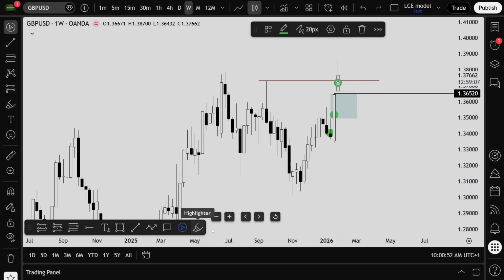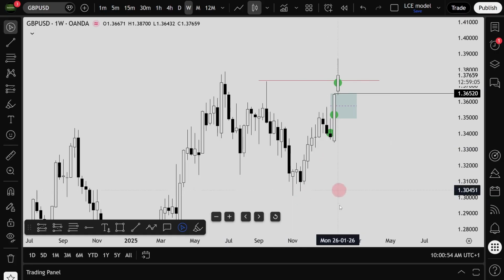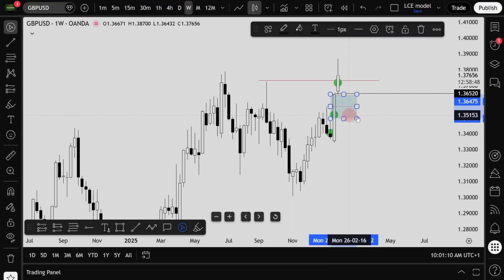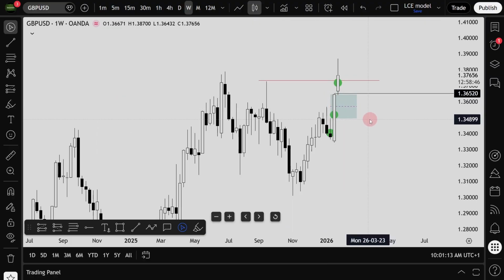But this market has not closed, so we don't know if it's going to close higher or lower. We don't know how it's going to close until the third candle closes. Your fair value gap formation is not complete, and this strategy works around only fair value gaps. The system is fair value gaps and Fibonacci.